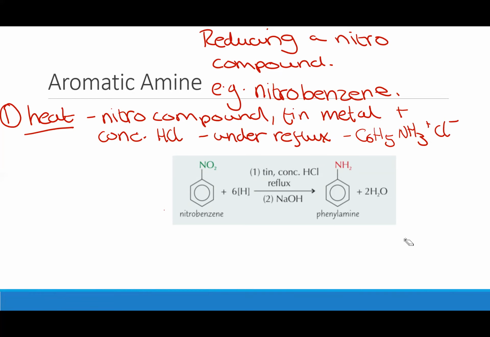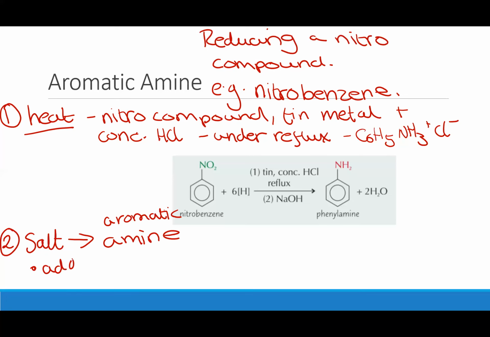Then, to turn the salt into the aromatic amine, we have to add an alkali. So to get the salt into an amine, we have to add, well, it's an aromatic amine, so let's add that on. Aromatic amine, we have to add an alkali, such as sodium hydroxide solution.